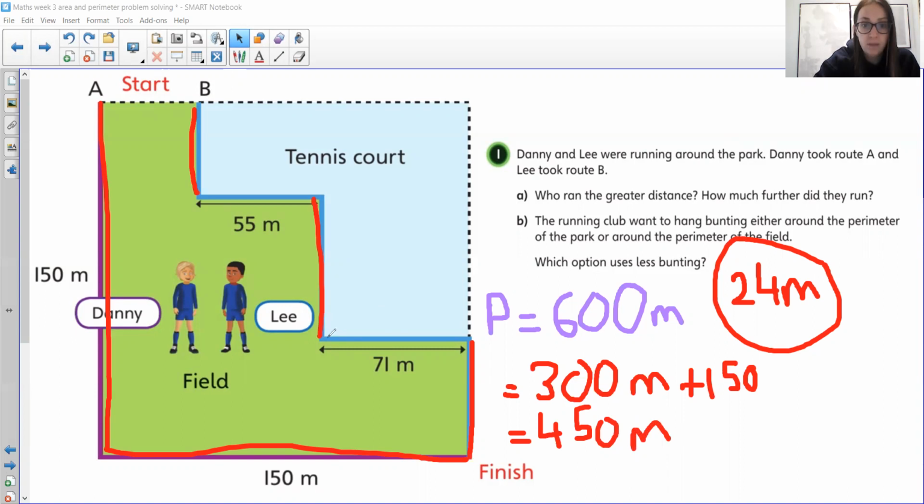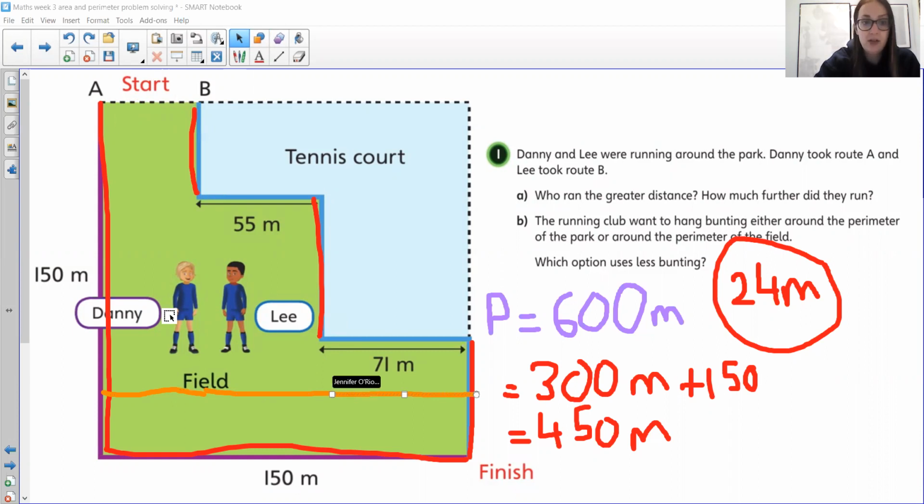Let's go for orange. So I've got this 71 meters, I've got this 55 meters, and I've also got this bit up here. Now you can work out what this missing bit is, which I'll show you in a moment. But what can you tell me about these orange sections? What can you tell me about these horizontal parts? Well, they are the same as 150 meters. It's the same as when we've done these vertical ones.